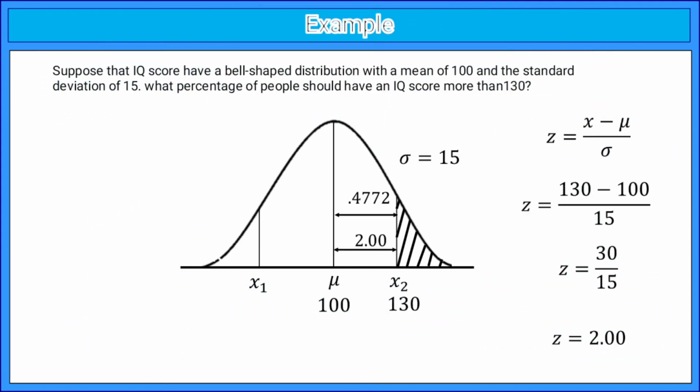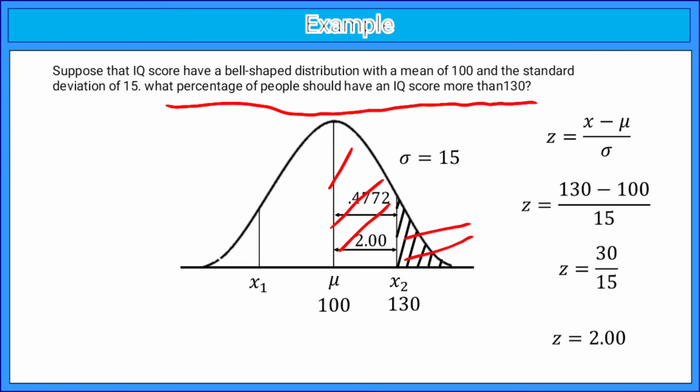Just put it here so that you will not be confused. As we mentioned, we're going to look at the percentage of people who should have a score more than 130. Not this 130, but this 130. More than. We're going to look for more than 130.